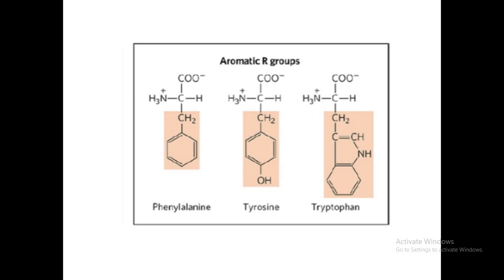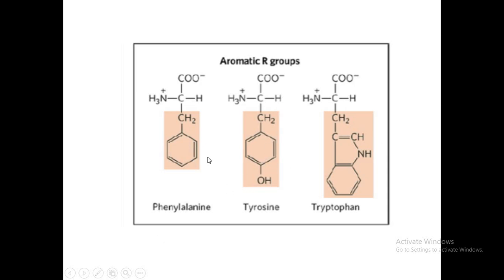But up till now you have to understand this: the aromatic amino acids are those amino acids that have an aromatic side chain. And what is this aromatic side chain or aromatic R group? The aromatic R groups are those that have a cyclic structure or cyclic benzene ring with conjugated double bonds.